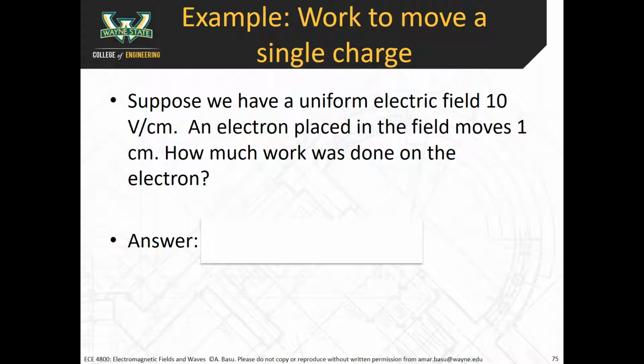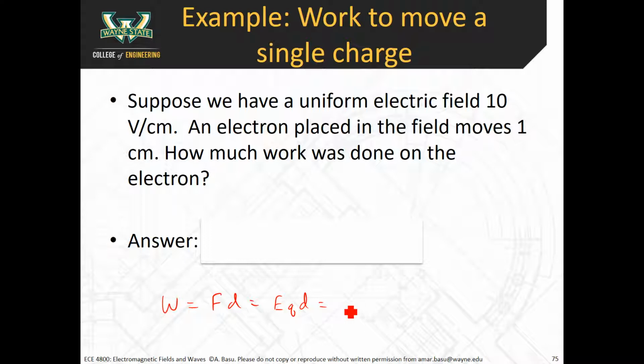So, how do we solve this problem? The field strength by the charge of an electron. Okay. Work equals force times distance. All right, what's the force? E times Q times the distance.